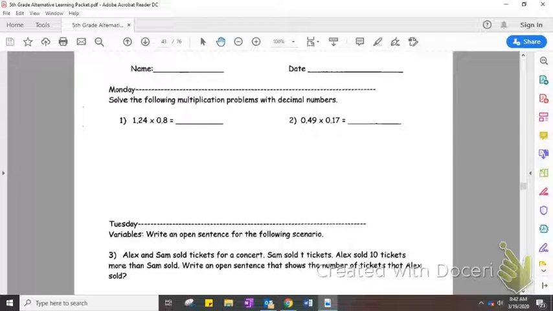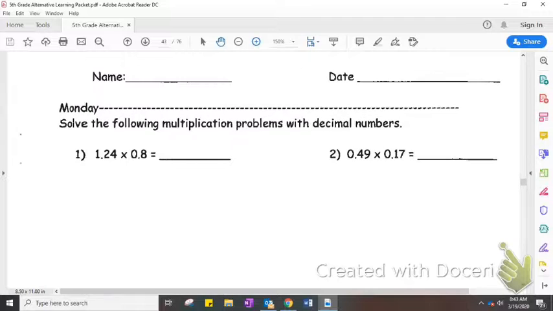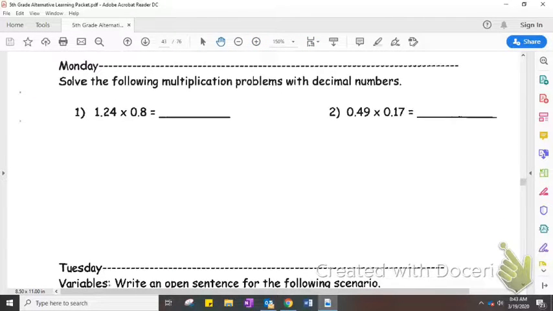Alright, so this, the Monday problems here, the first one is 1 24/100 times 8/10. And looking at this, let's see if I can zoom in just a little bit more. The stylus that I'm using is not ideal, just so you know.